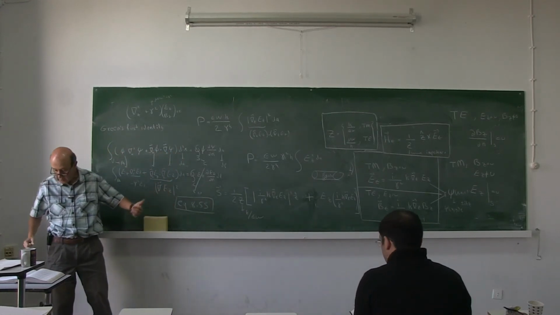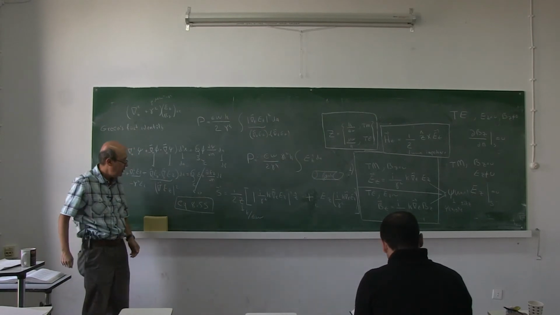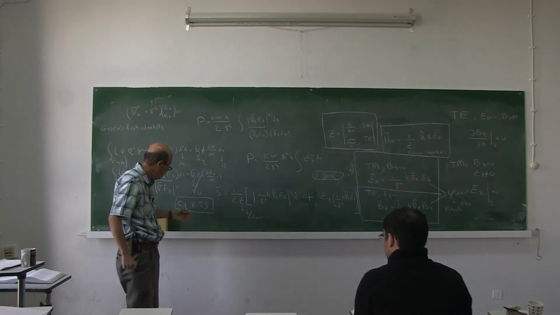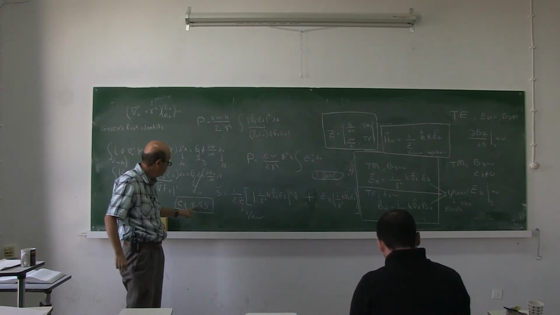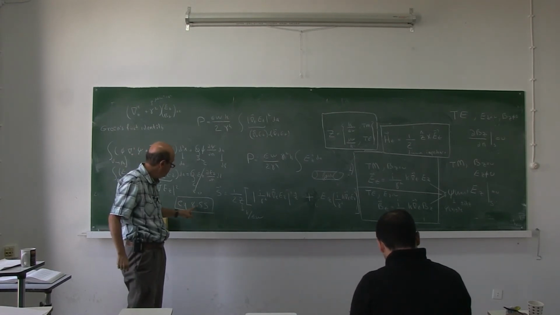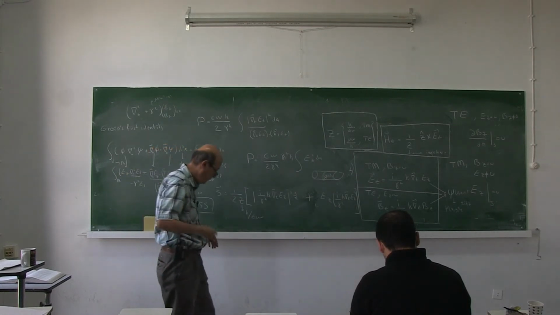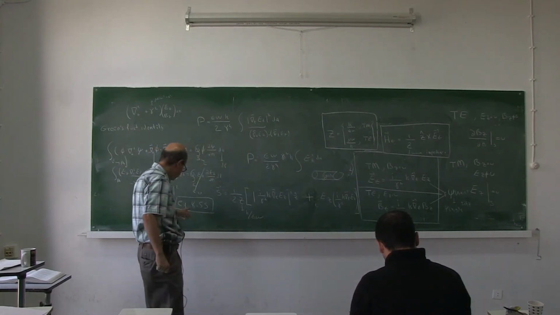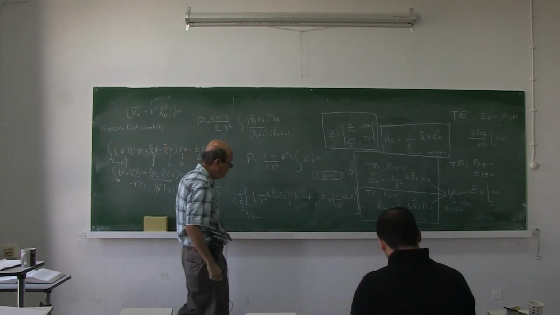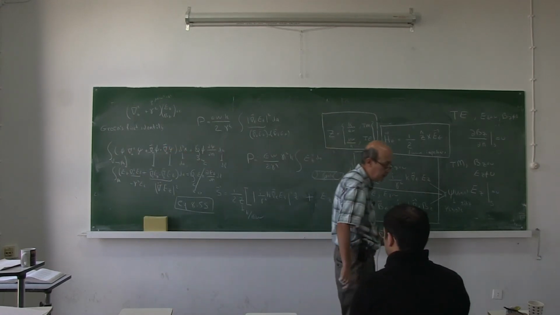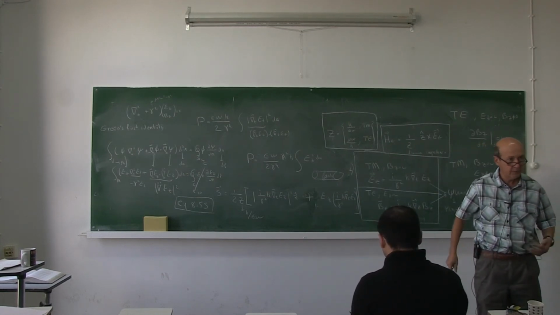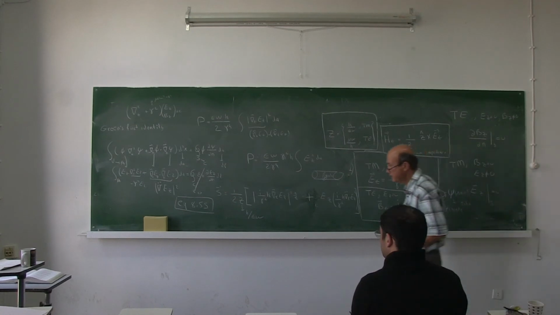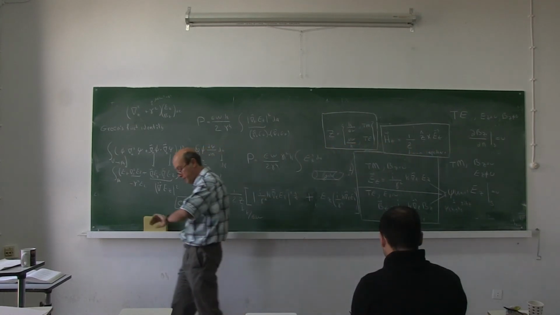You have the power and you have the energy density per length, and you can calculate the group velocity in a different way. That is very interesting and good. I was doing it in previous years, but this year you can do it by yourself. Equation 8.53 is the other way of calculating the group velocity. Energy is transmitted at the group velocity, so it is showing you that in a different approach.